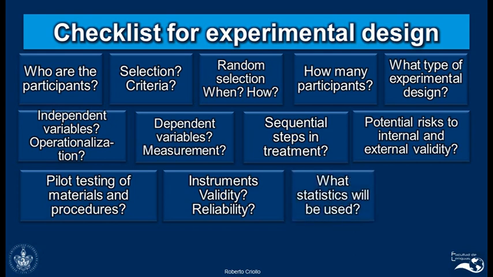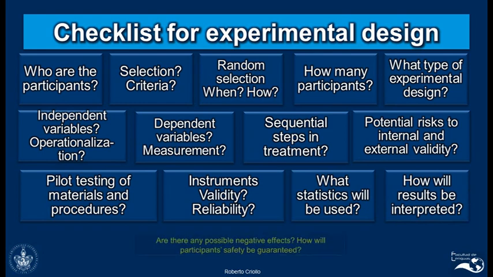Now, we also need to see what kind of statistics will be used for our experiment, and a little bit later I will tell you what kind of inferential statistics and obviously descriptive statistics you will use. And then we need to see how the results will be interpreted.